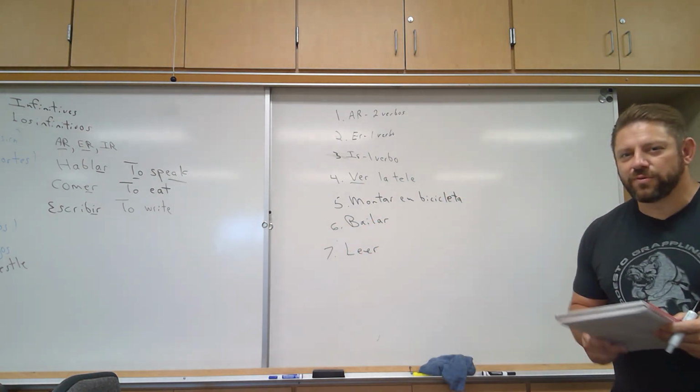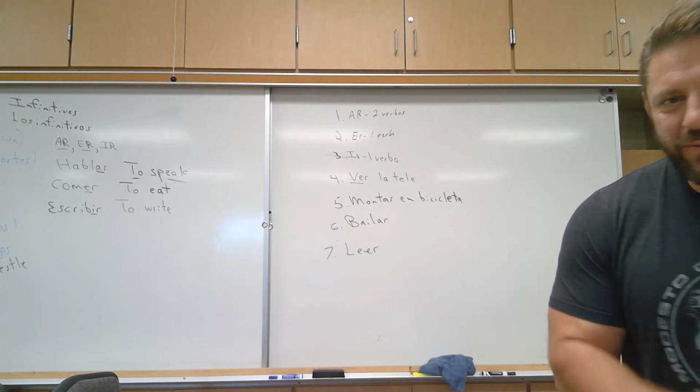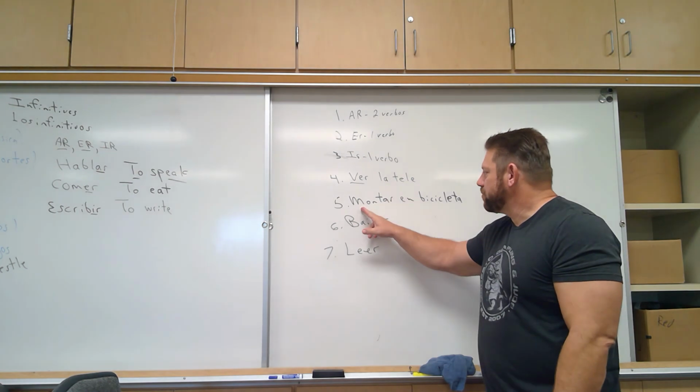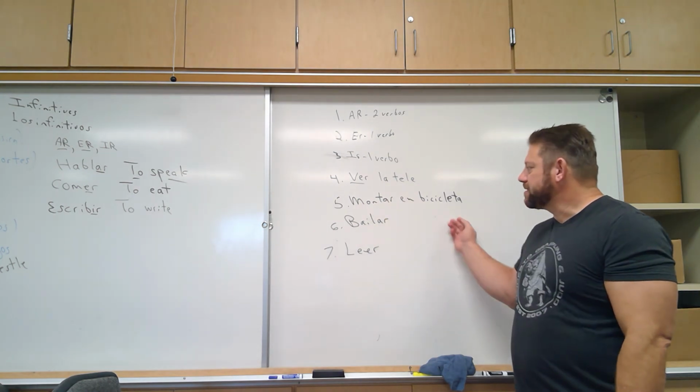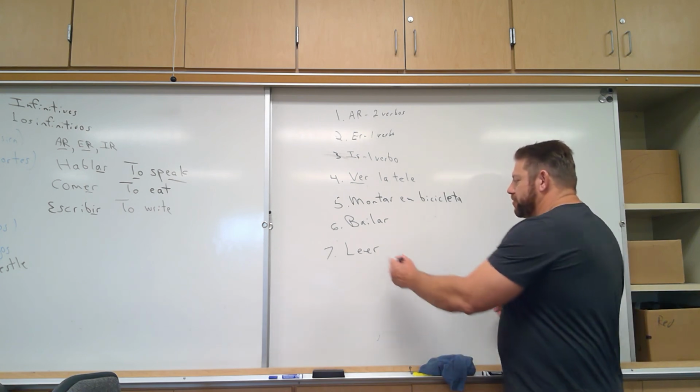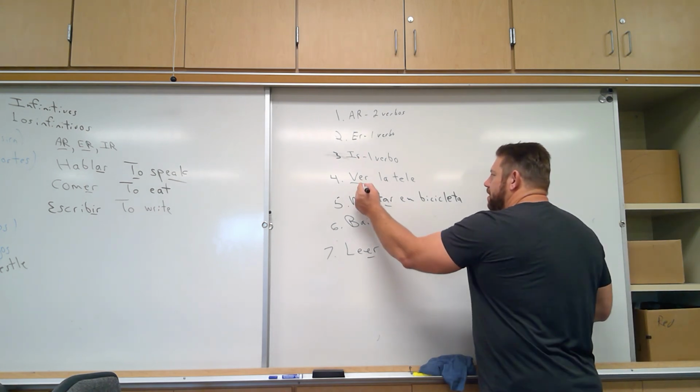All this is vocab. You might have to look it up, but I want you guys to use your mind. So, translate ver la tele. Translate montar en bicicleta. Translate bailar. And translate leer. And you'll see how these verbs are ending right here.